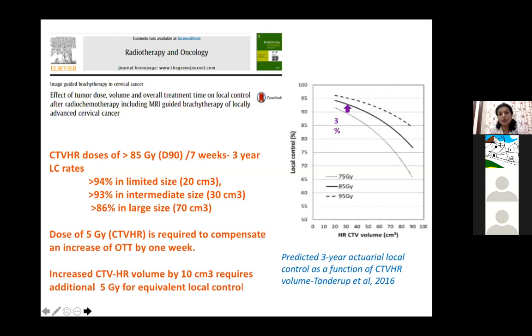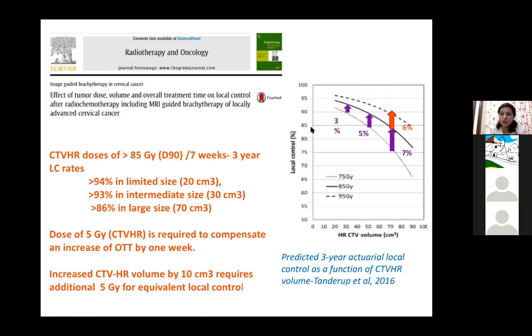It goes on to about 95% for tumors which are of intermediate size, that is somewhere around 30 cc or less, and the local controls are more than 93%. And excellent local controls can also be achieved in tumors with larger HRCTV volumes, and an increase in local control of 7% has been observed if you increase the doses to about 90 gray.